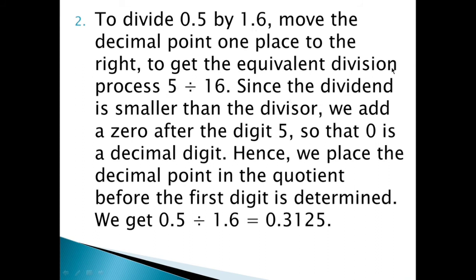Since the dividend is smaller than the divisor, we add a 0 after the digit 5, so that 0 is a decimal digit. Hence, we place the decimal point in the quotient before the first digit is determined. So, 0.5 divided by 1.6, we have 0.3125. Okay?